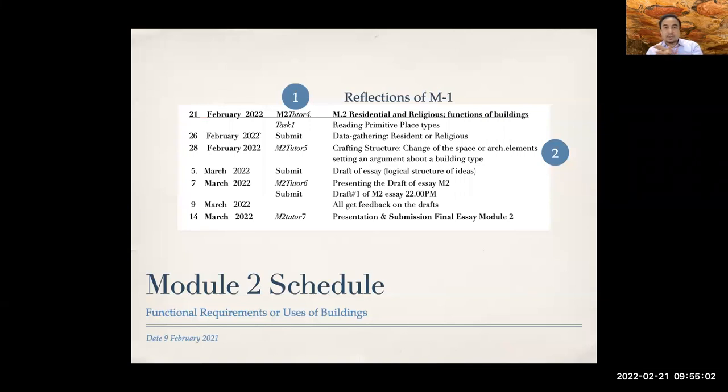This was my plan, but based on your performance from last module, I think I should extend the working period a bit, right? First, you read. Second, you gather data. Third, we draft the idea of the essay. We do the feedback, correcting the sequence of writing, wordings, and then the final presentation.